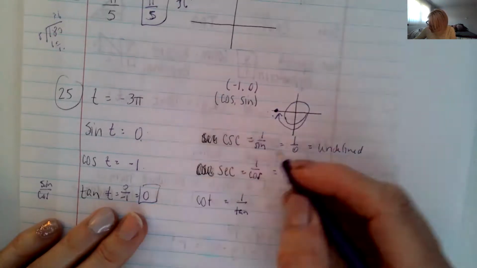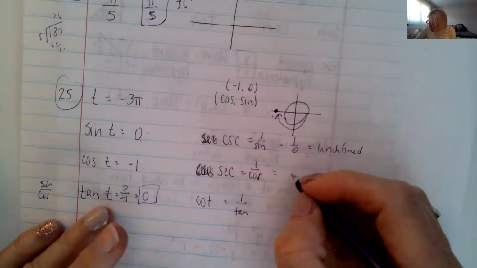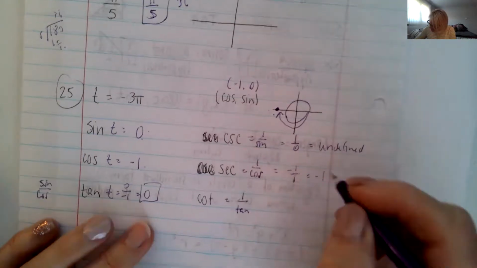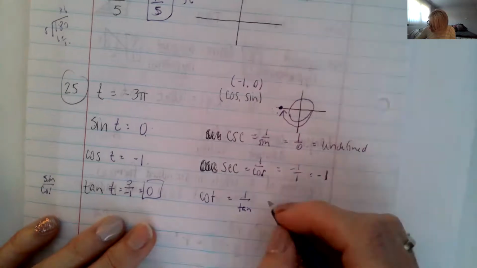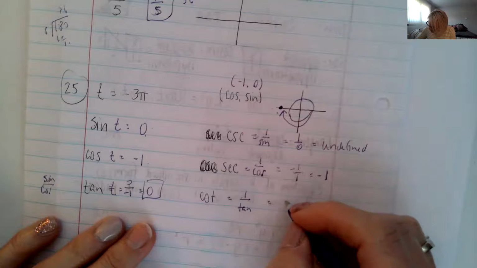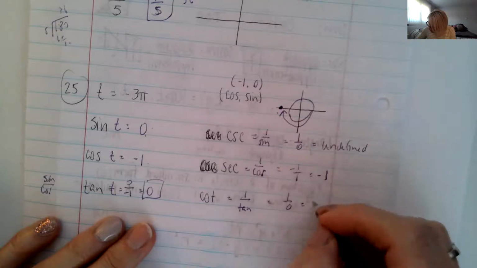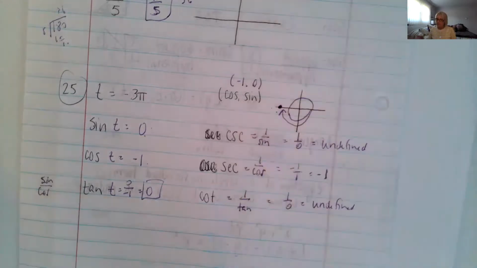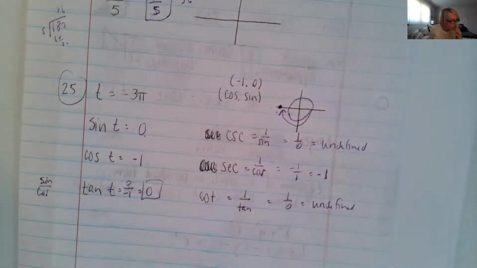And secant is just negative 1 over 1, so that's still negative 1. And then cotangent is going to be 1 over 0, or undefined. So it's really kind of just getting used to these.